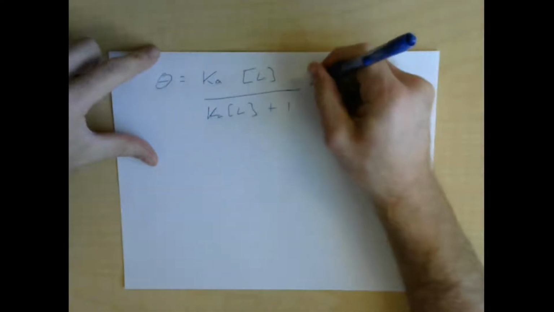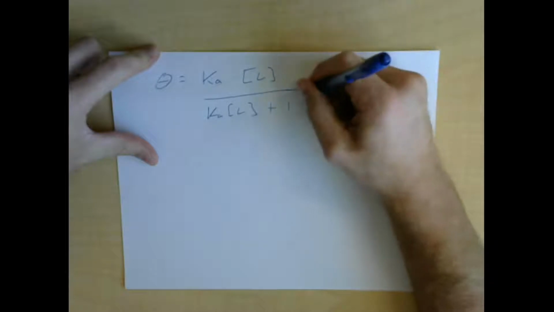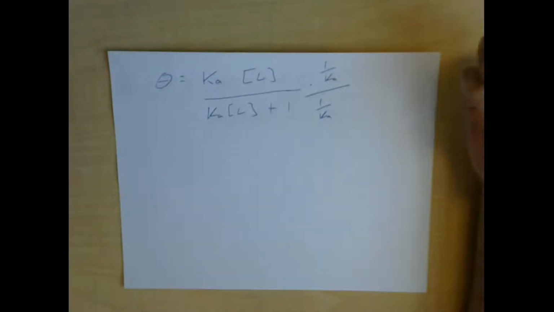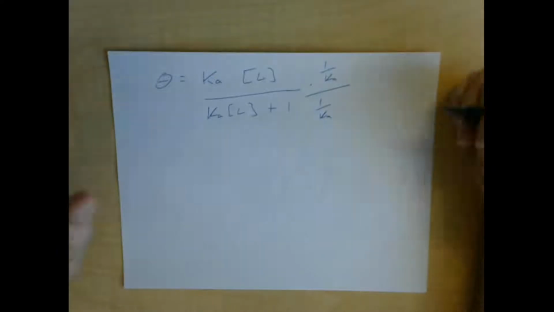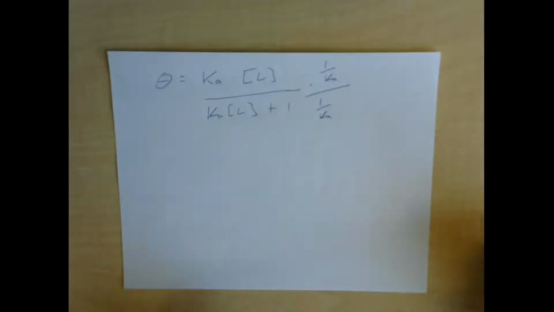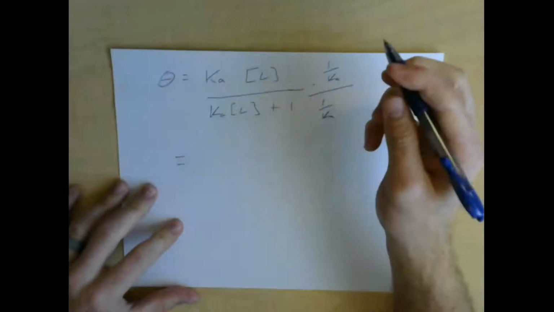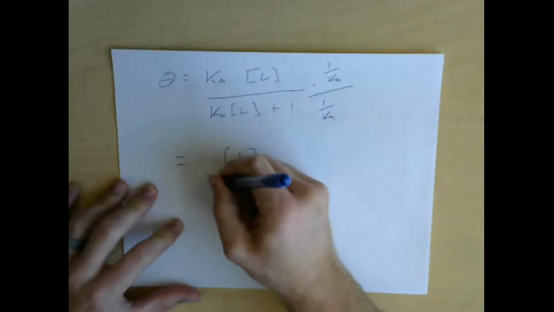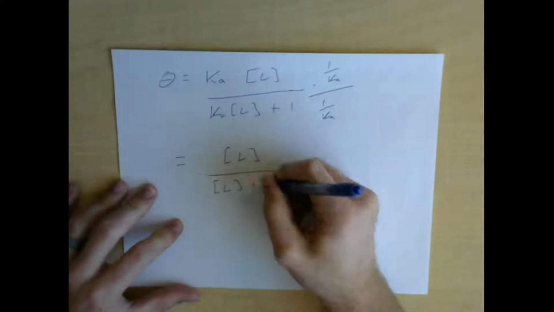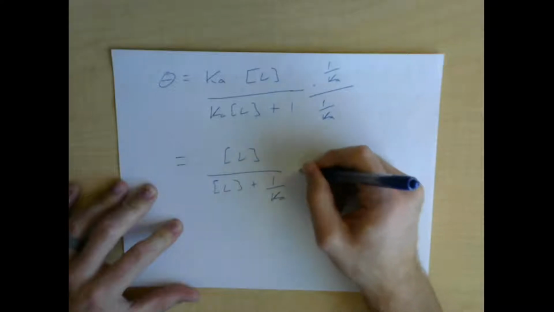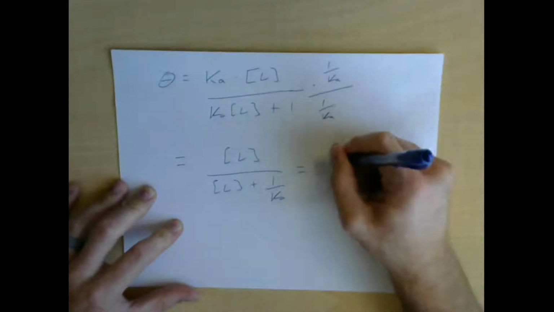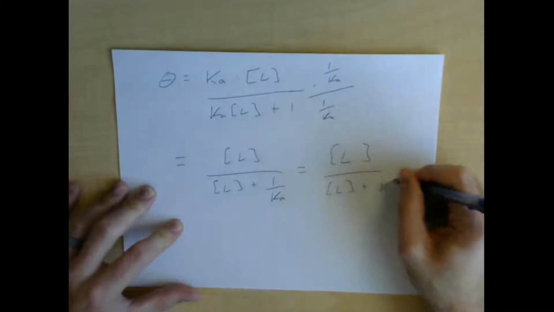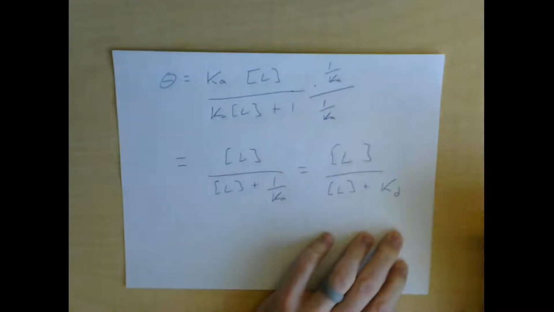So if I multiply this by 1 over Ka over 1 over Ka, what I'm going to get is the concentration of L over L plus 1 over Ka, which equals L over L plus Kd.